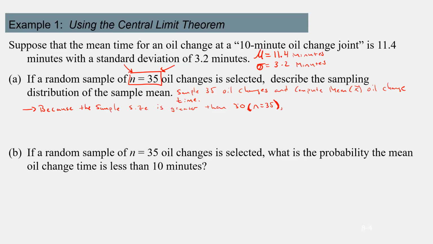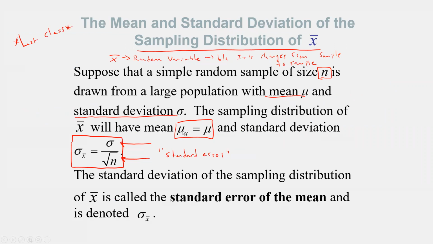Because the sample size is greater than 30, the sampling distribution of X bar will be normally distributed with, so when something is normally distributed, you want to describe what its mean and standard deviation is. So I'm just going to go back for 1 second here. This right here tells you what the mean and standard deviation is.